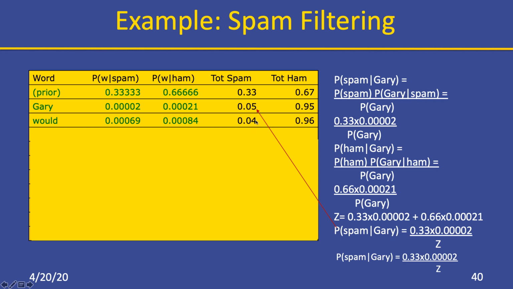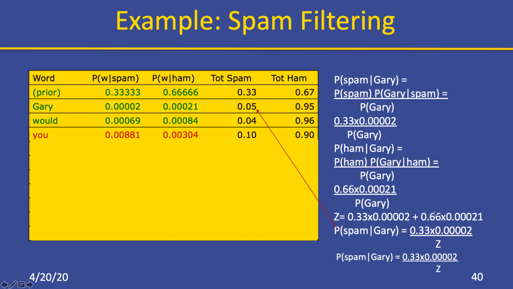We just computed the probability step by step, and at each step we used our prior, which was the probability computed so far. So you can see here that what's really important is not the absolute value of these numbers. What's important is basically the ratio of these two numbers. How much more likely is it to find this word in ham versus spam? So Gary and would both tipped the balance in favor of ham.